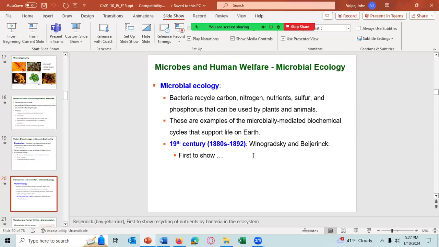The reason why Winogradsky and Beijerinck were able to discover this is because, when they were studying microbes, they never isolated the microbes into pure species. To notice nitrogen moving around in the ecosystem, you have a microbial community, meaning many different microbes.